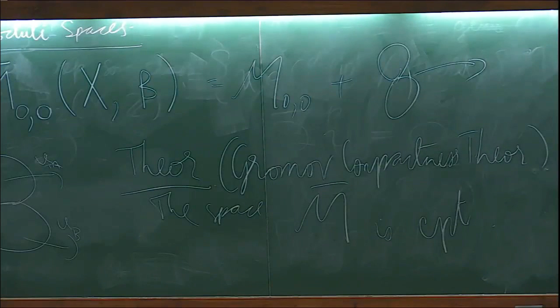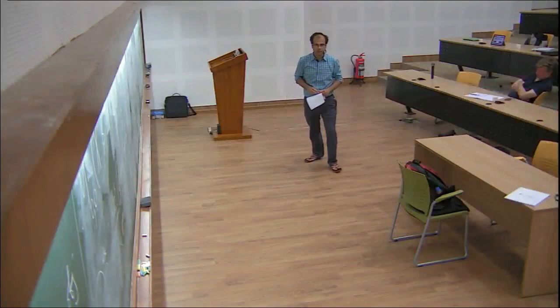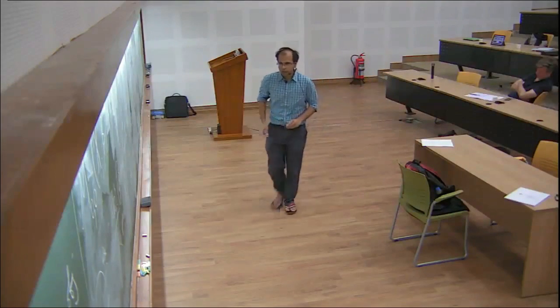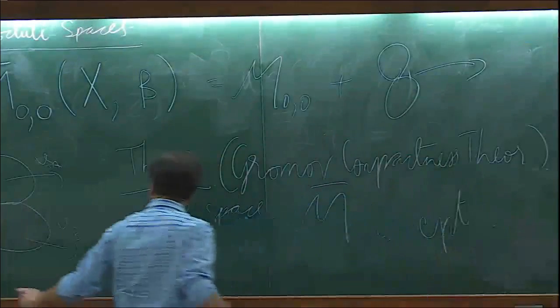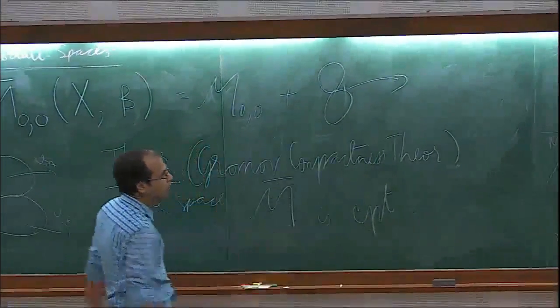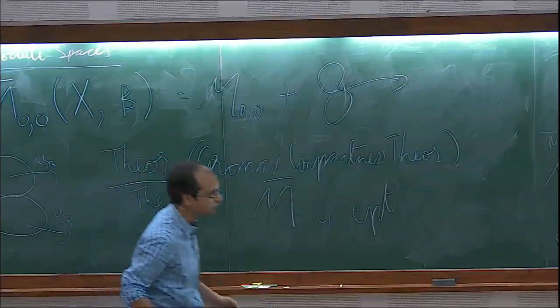So I can now realize my enumerative numbers by pulling back cohomology classes, integrating on this, and getting numbers. Okay, so this is the big statement, and so now this space M bar is available, and now I'll tell you how I'll make use of this M bar.